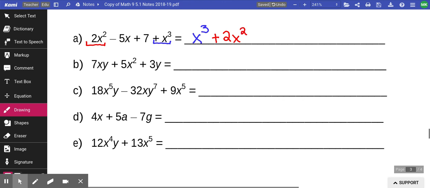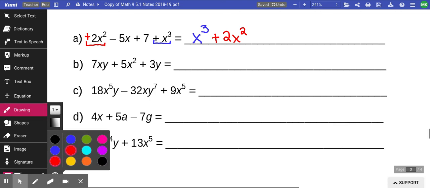Now, they didn't have a plus sign in front, but we can imagine that that was a plus or a positive 2. The next highest degree would be this negative 5x. So I would go minus 5x. And the constant term should always go last because it always has degree 0 because there's no letter attached to it.